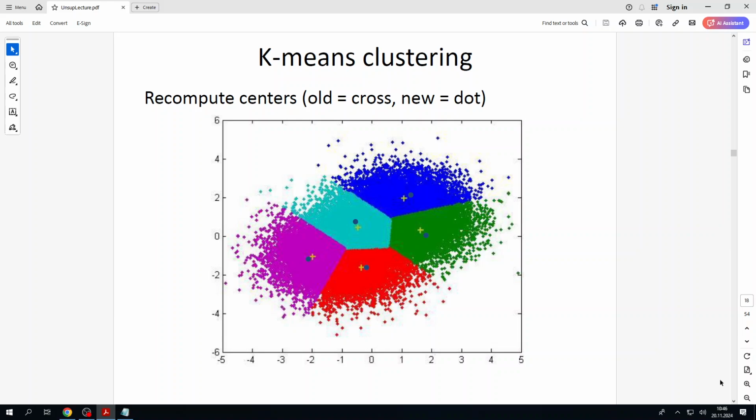After you have updated these, you can continue this operation until your centroids do not update anymore. It's difficult to see here, but there are yellow crosses and blue dots on this picture. They are just the same point. Like here maybe you can see. When that happens, you know that further improvement is impossible. So that is your final solution, where you can stop because it's not improving any further.